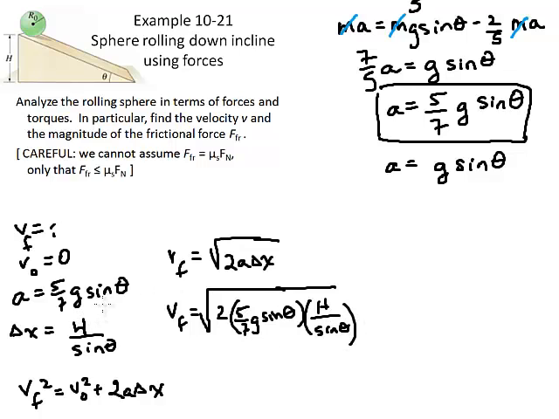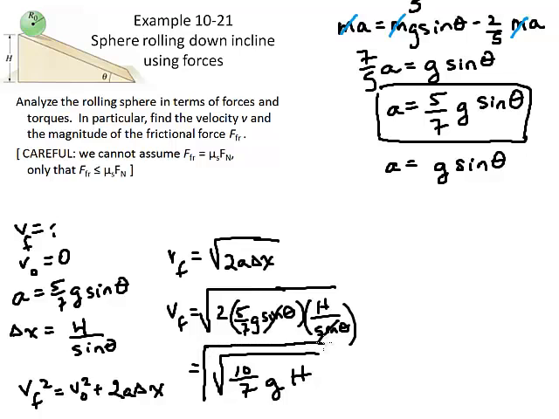This is a capital H based on our diagram. The sine cancels out, and we get the square root of 10/7 g times h. So that's the final velocity when it reaches the bottom of the ramp.